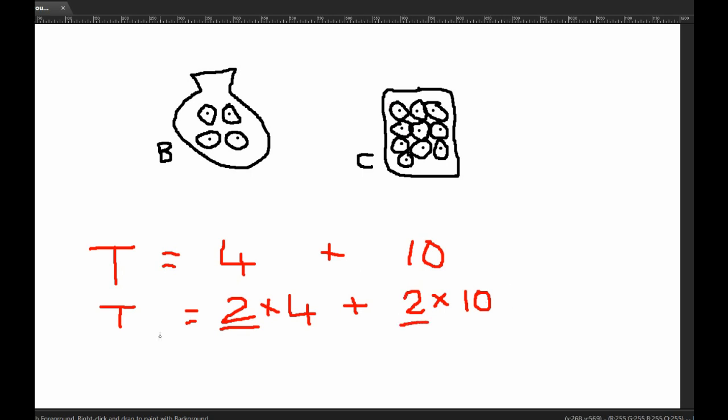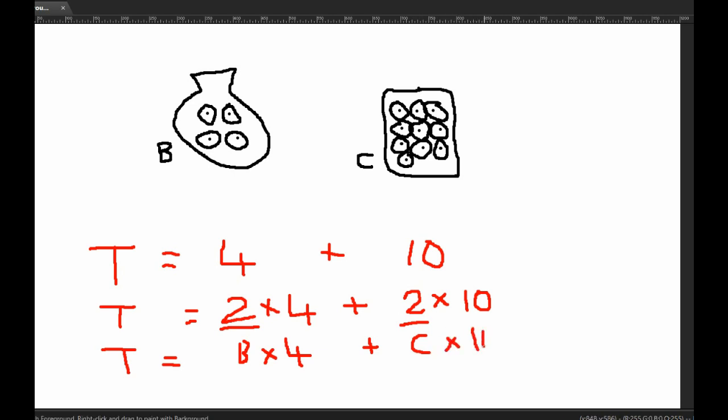So what do I write it as? I write that T is however many bags I have. Well, that's going to be B times 4, however many bags there are. How many cartons there are is going to be C cartons, however many there are, and 10 in each.